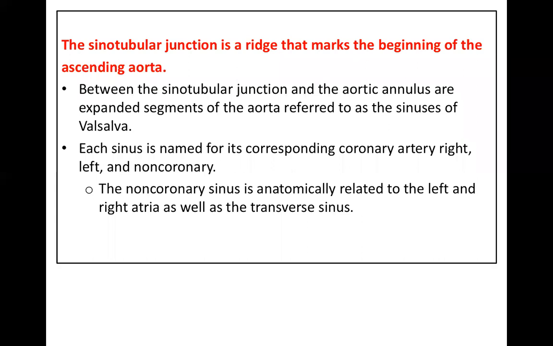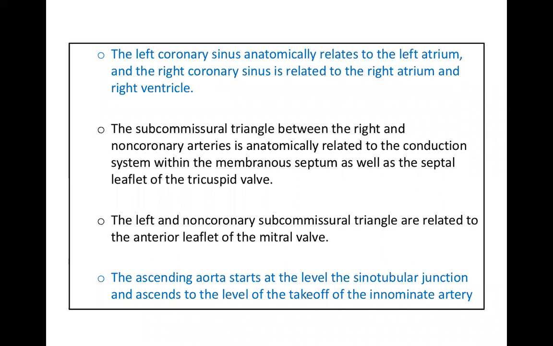The non-coronary sinus is anatomically related to the left and right atria, as well as the transverse sinus of the pericardium. The left coronary sinus is related to the left atrium, and the right coronary sinus is related to the right atrium and right ventricle. So once there is a bleeding or rupture, it will be in the right atrium or right ventricle.